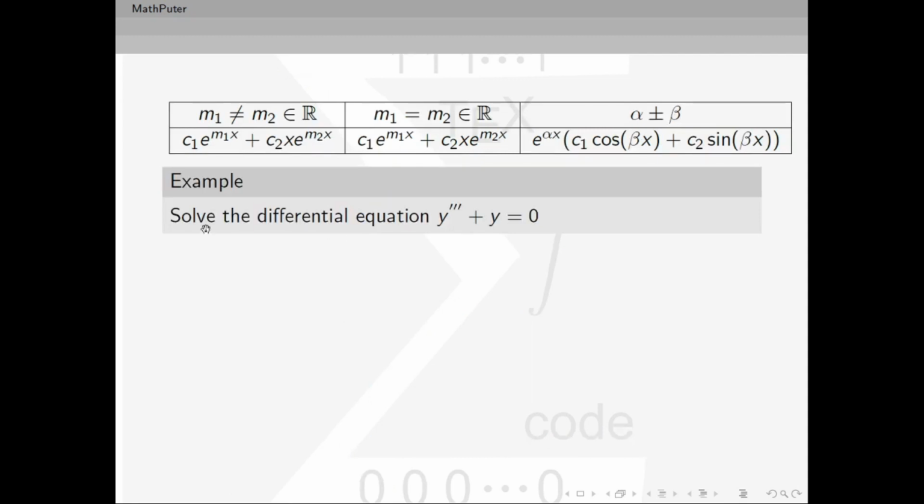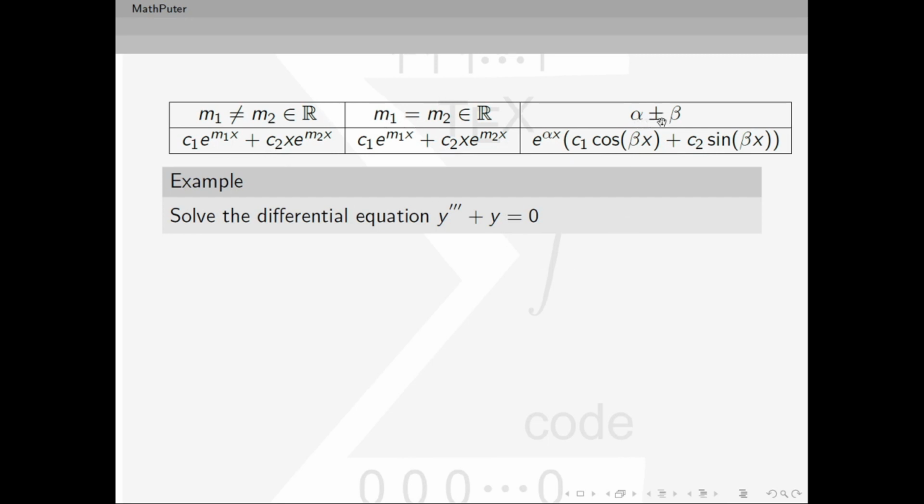Let us find the solution of this differential equation: third derivative of y plus y equal to 0. For your information, I put here the nature of the roots. When the roots are not equal and real, then this is the solution. When roots are equal, then this is the solution.